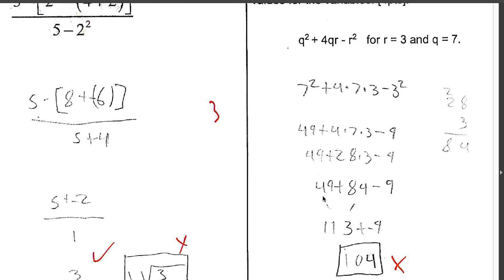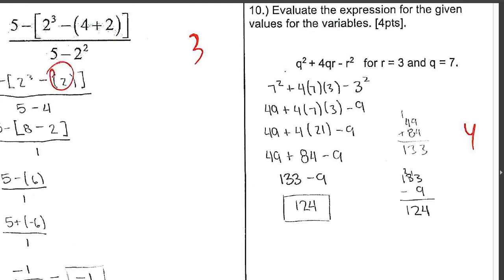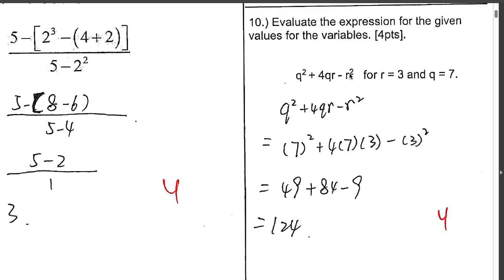Yeah, use that calculator. Nice and organized, I liked it. 4 points, boxed their answer. Last week when we took the quiz, we had some guests in class, and this was their quiz. Take a look at their work, looks just like what I expected. They boxed their answer.